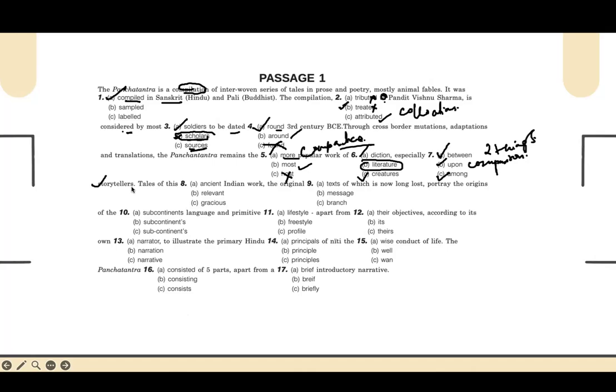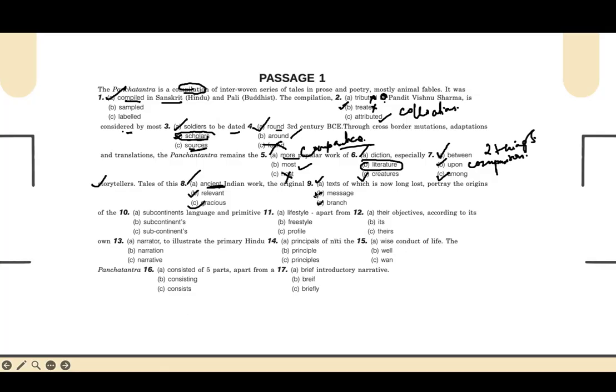So next, the tales of this, is it gracious? Panchatantra, is it gracious? I don't think so. Is it relevant? Doesn't make sense here, right? Tales of this ancient Indian work. It is absolutely an ancient Indian work. Okay. The original text, messages, branch.